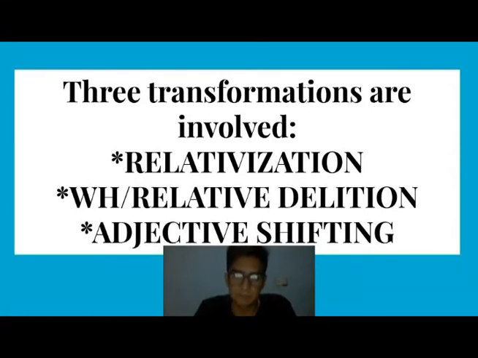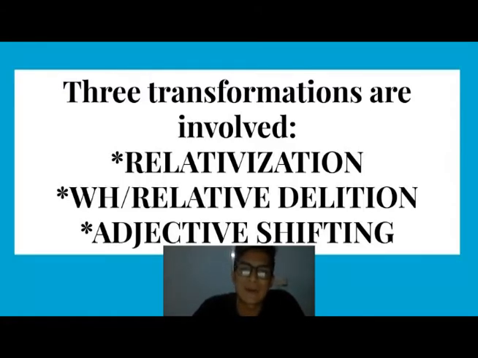But the thing is that when we pass to Spanish, we can use only two of the three transformations. We have the sentence, tengo un auto más el auto es azul. One example of relativization could be tengo un auto que es azul.